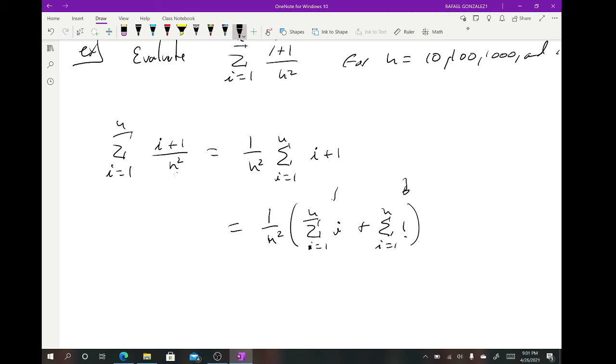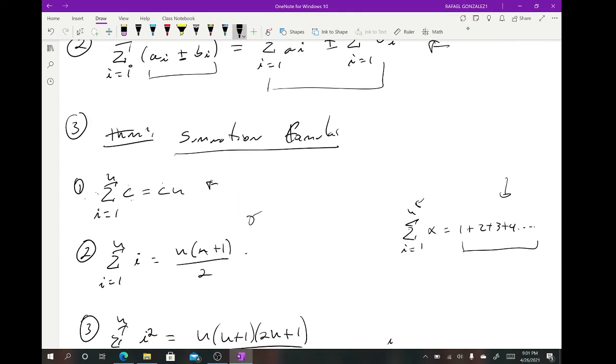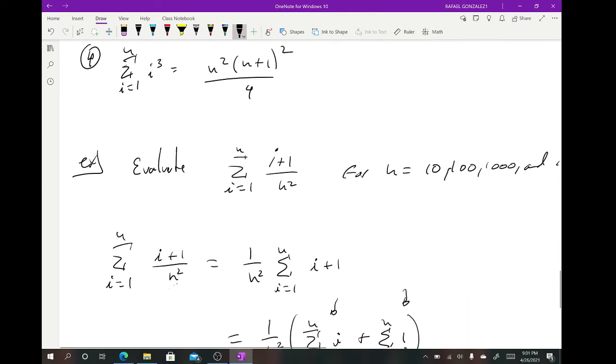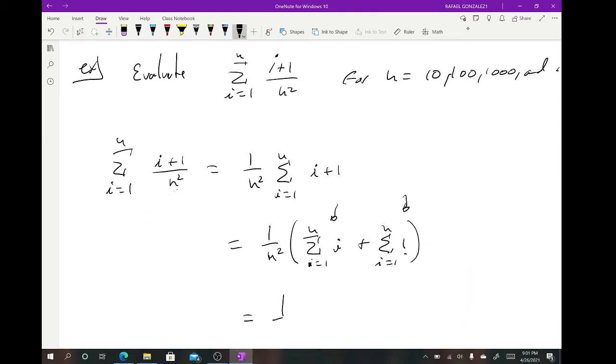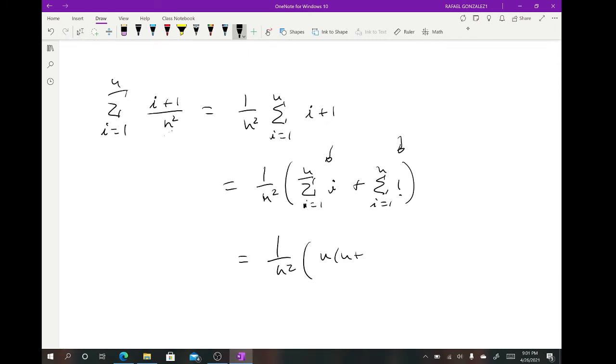And we have a formula for this sum, which is right up here. It's n times n plus 1 over 2. So we can apply both of them. So we have 1 over n squared times, again, the sum from 1 to n of I is n times n plus 1 over 2. And the sum of I equals 1 to n of 1 is simply n.